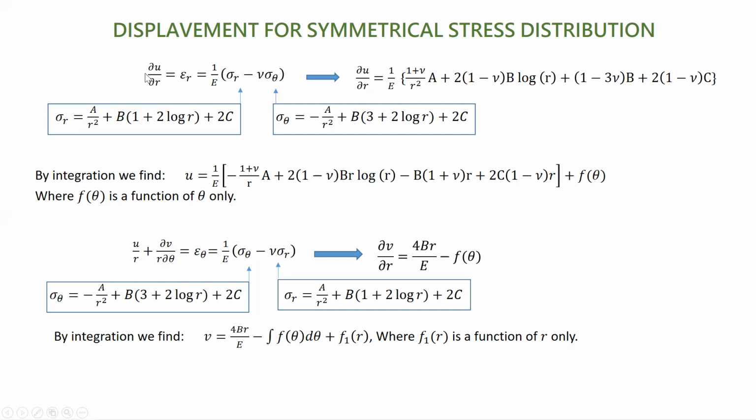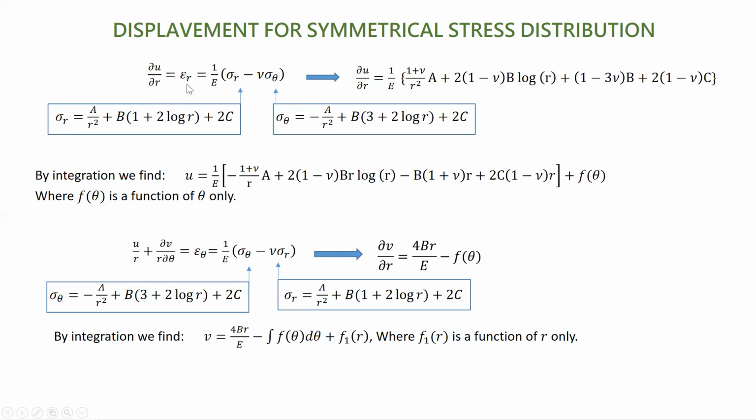Epsilon r is the partial derivative of u with respect to r, and epsilon theta is u over r plus the partial derivative of v with respect to theta divided by r. So that's the way we define epsilon theta and epsilon r.